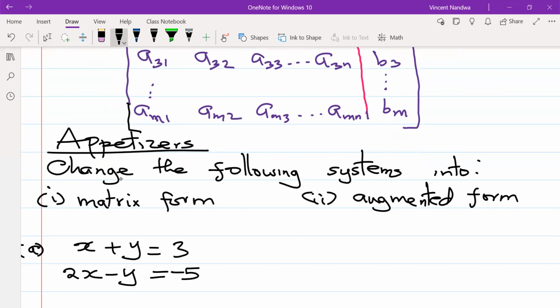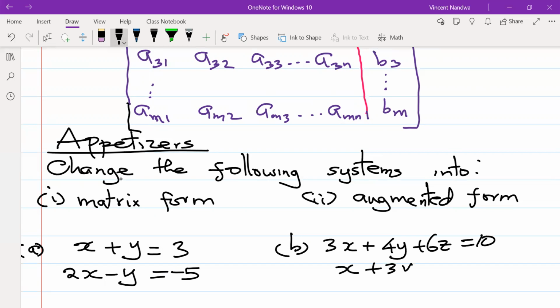And then b: 3x plus 4y plus 6z equals 10, x plus 3z equals 0, y minus 10z equals 13.